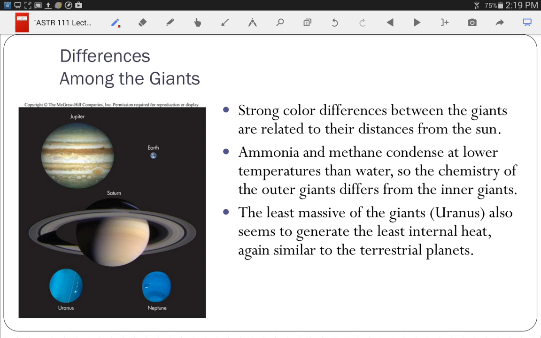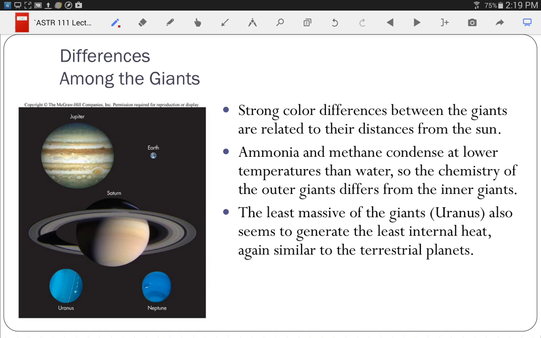Now the color differences. What makes the colors of Neptune and Uranus? Methane gas. Why are the colors different? One has more methane than the other. The methane absorbs red, so having a little more methane in the atmosphere absorbs a little more red and makes it a little bluer.